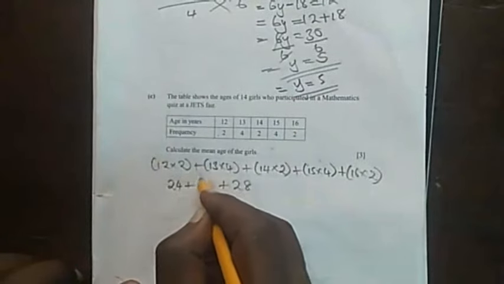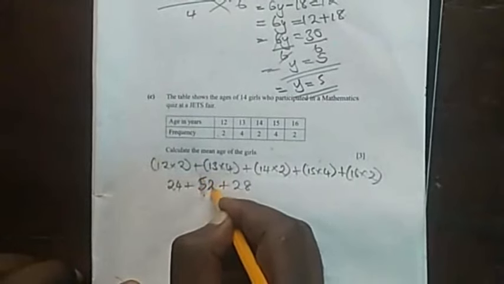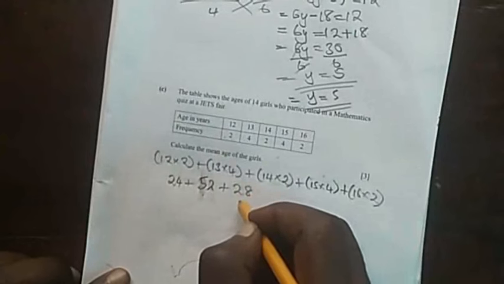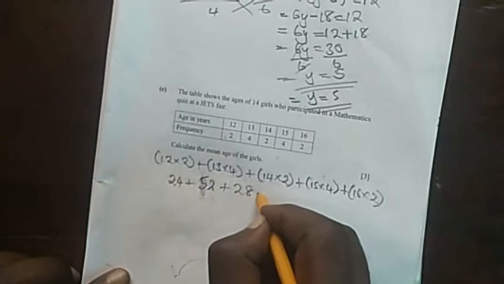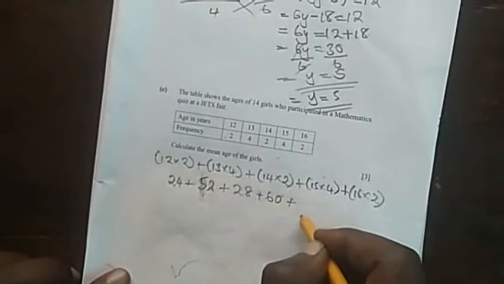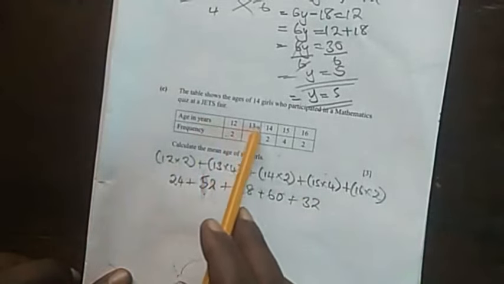So it's going to have 52, then plus 28, we're correct, then plus 60, then plus 32. Okay, so how many blocks? 1, 2, 3, 4, 5. Then how many numbers have we come up with? 1, 2, 3, 4, 5.